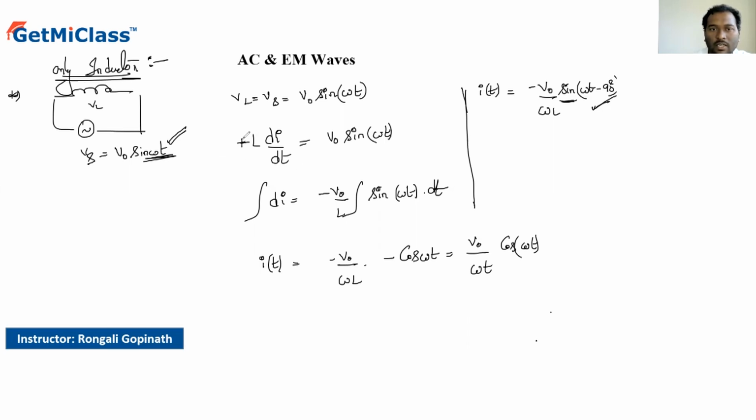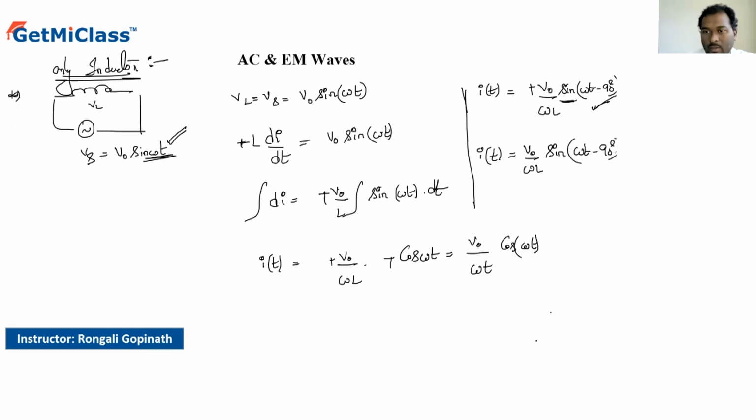Sorry, there is a negative sign, because we are just taking the magnitudes, this becomes positive over here. So the current in the inductor I of t is V naught by omega L sine of omega t minus 90 degrees.